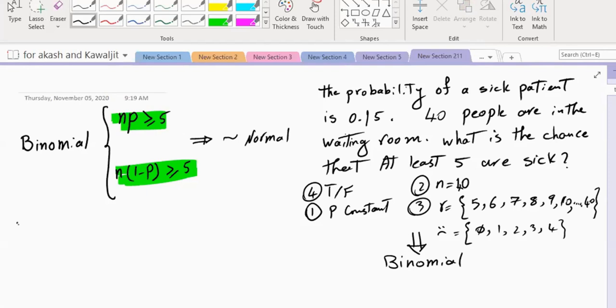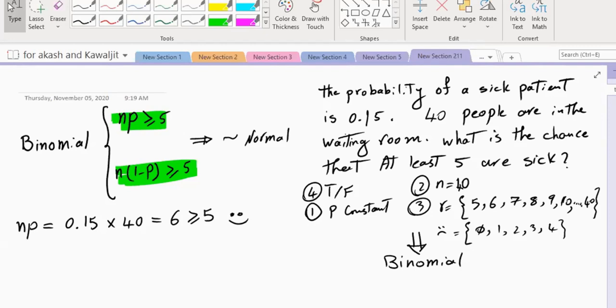Let's try if NP will allow me to go to normal. 0.15 multiplied by 40. 6. Please tell me the result. 6. Is 6 greater than or equal to 5? Yes. Okay. So can we use normal? Yes. Can I use normal distribution instead of binomial now? Yes. Ladies and gentlemen, can I use normal instead of binomial? Yes.